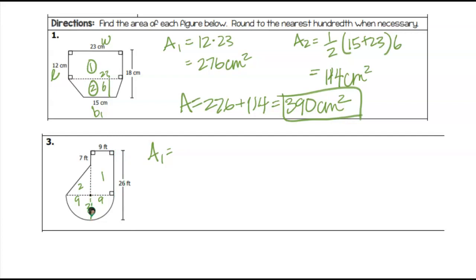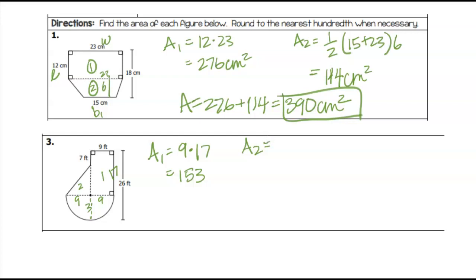So that would put me at 17. So I have 17 for my width or my length, whichever one. So I'm going to take 9 times 17 and I get 153.